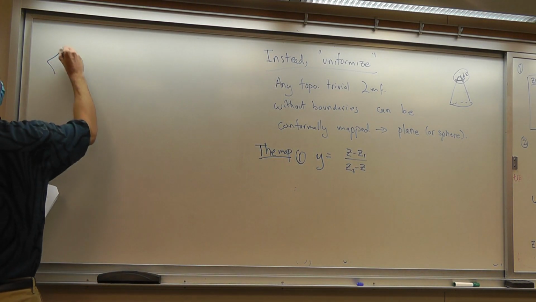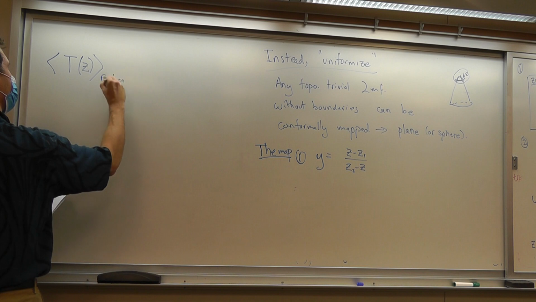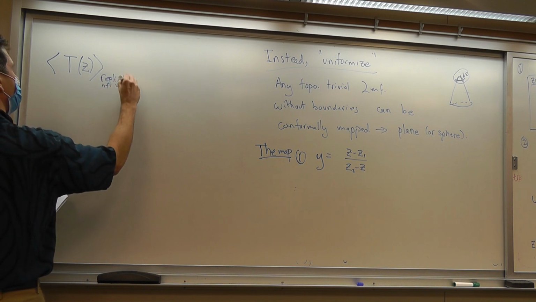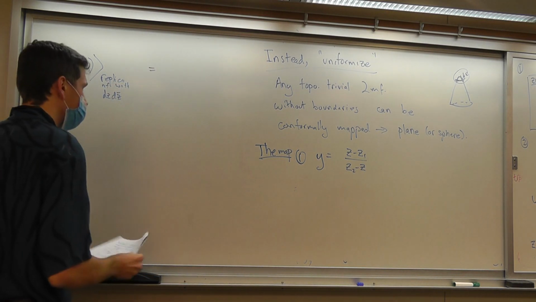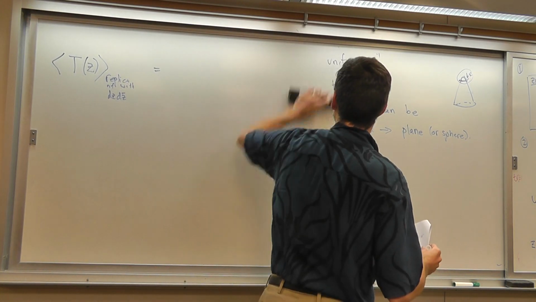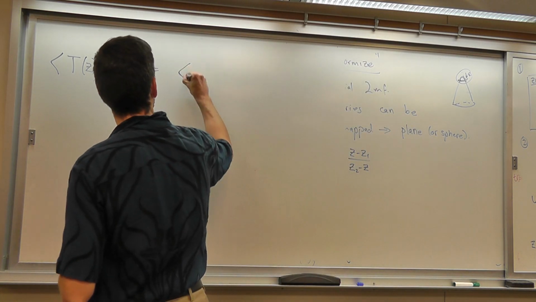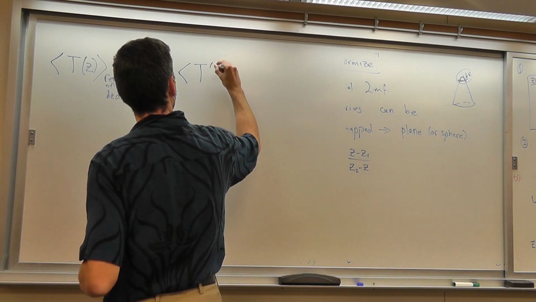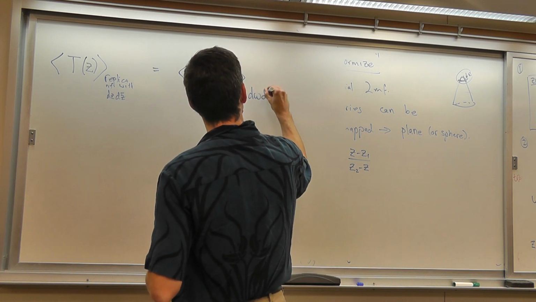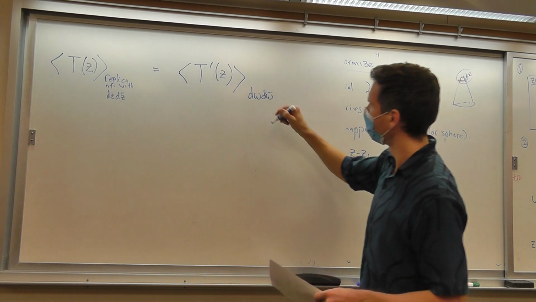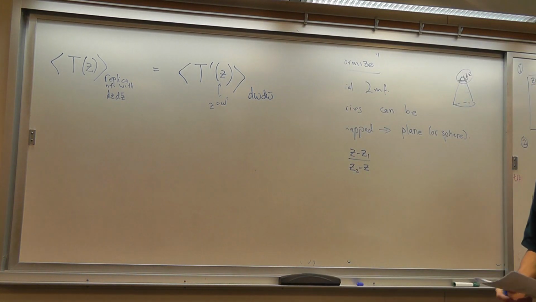What this formula says for the stress tensor is that T of z on the replica manifold with the metric dz bar is equal to T prime of z on the w plane with the flat metric on the w plane, where you should think of z as w prime in this formula.